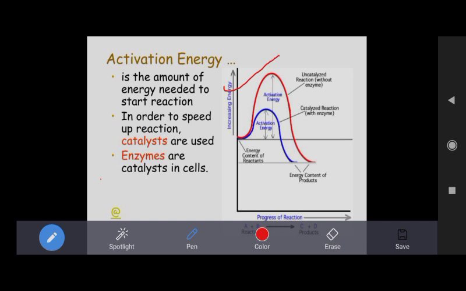And in the second image, in the graph plotted with blue color, the activation energy gets lowered. Why? Because the enzyme is present in the system. Is it clear to those students who asked to repeat the graph?